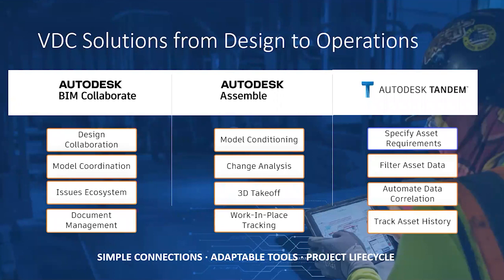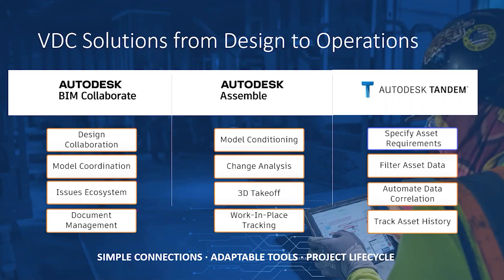And then we take it into Autodesk Tandem. Autodesk Tandem is really going to be more about being able to specify your asset requirements, and to understand, from the owner's perspective and from the maintenance and operations perspective of the building, what information we need to have about the asset so we can set up those requirements. We can also filter asset data very quickly and easily within Tandem.